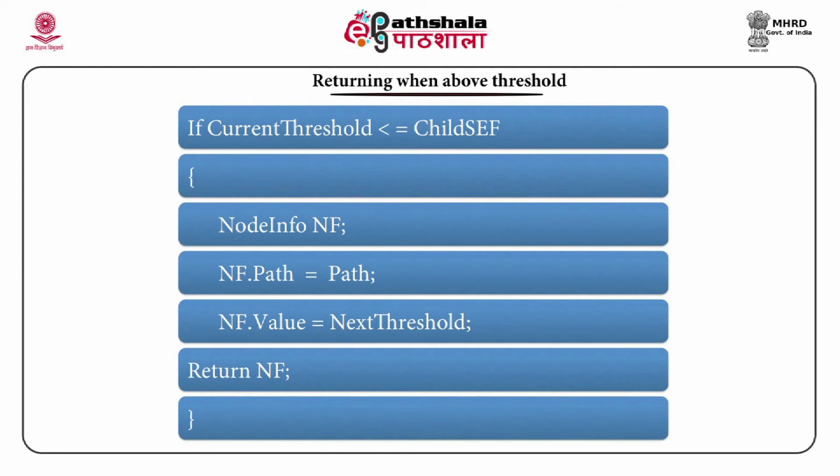So beta is more, alpha is less, then we skip. But here we don't need to do it twice because we are negating it. So when that condition is true, when we are going above the threshold value, there is no point, because the opponent is not going to let us play that, or neither are we going to play that while it's our move. So in that case, we'll return back, we'll not explore that further.